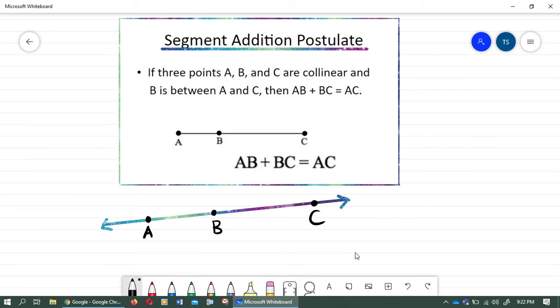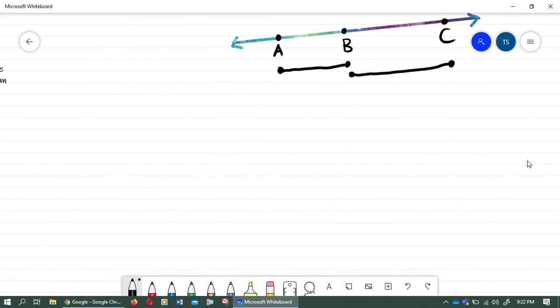Guys, there are two segments that get created when you do that. Segment AB, and the other segment, of course, is segment BC. Two segments that get created. But really, guys, there are three.